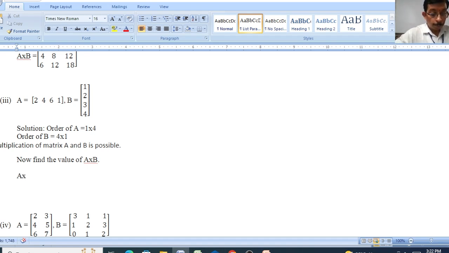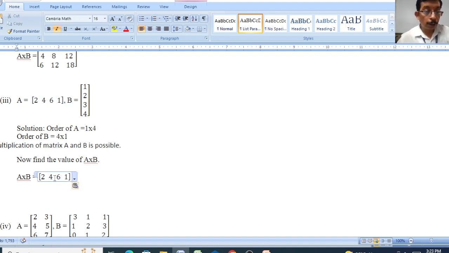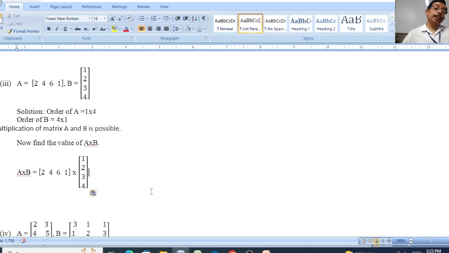A cross B equals. Note down the matrix A values into matrix B values. Now the procedure is the same as in the last question: a row is multiplied by the column.